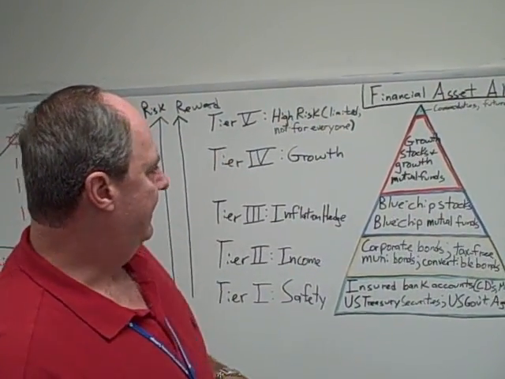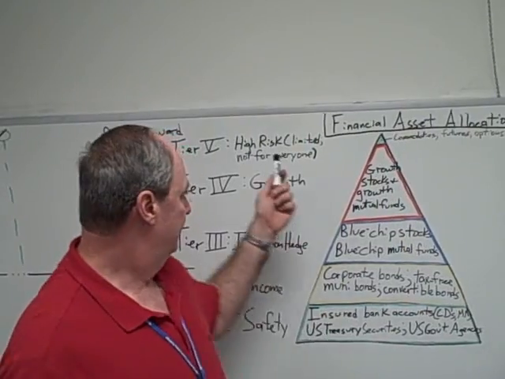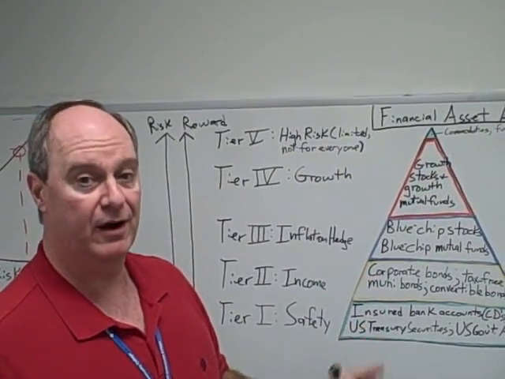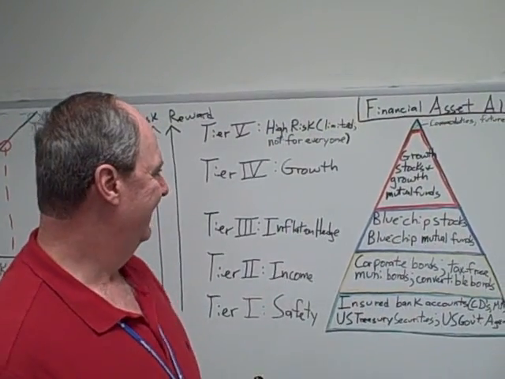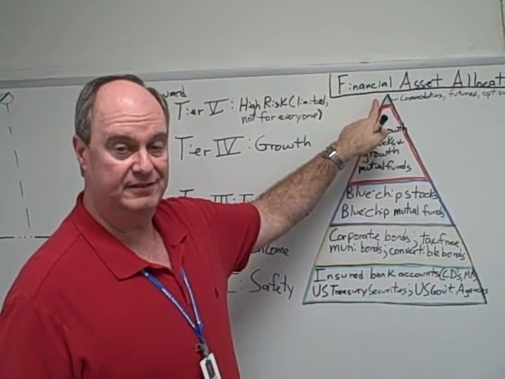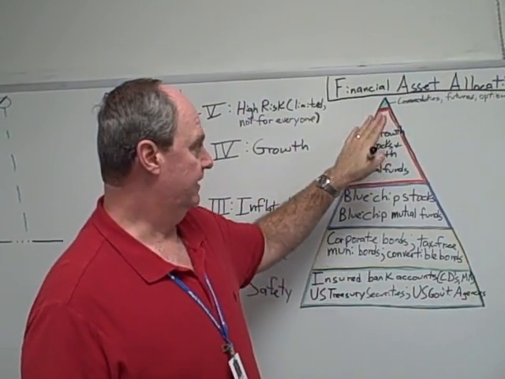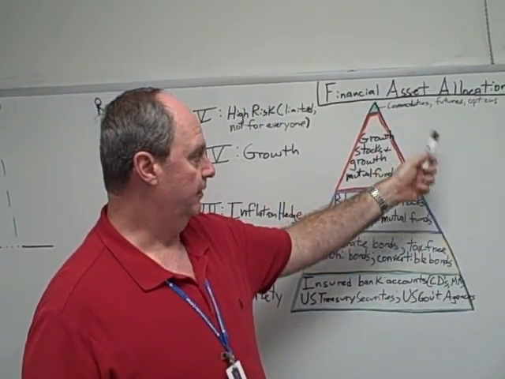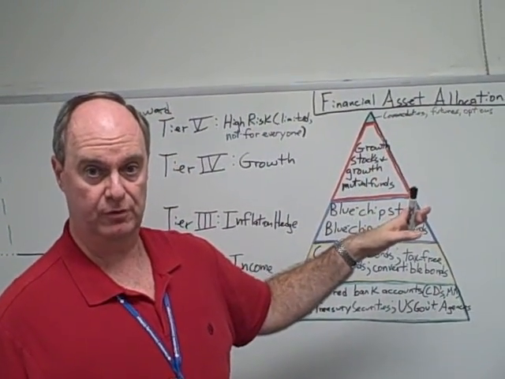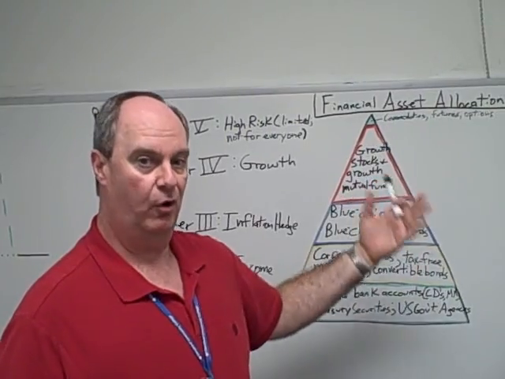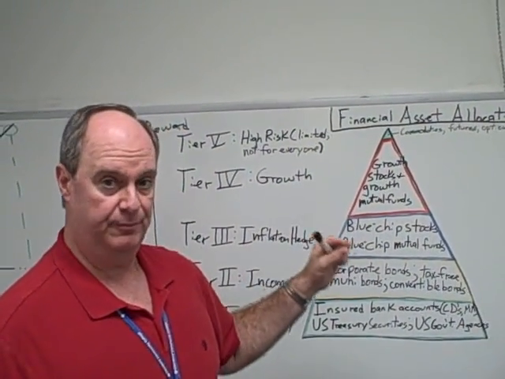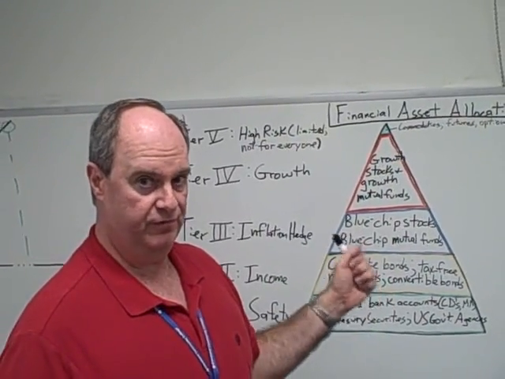And Tier 5 is, I put here, high risk. They are not for everyone, and you need to limit the portion of your assets that are invested in these kind of things, such as commodities, futures, options, and commodities would include, of course, gold and oil. But limit that amount to a very small percentage of your portfolio.